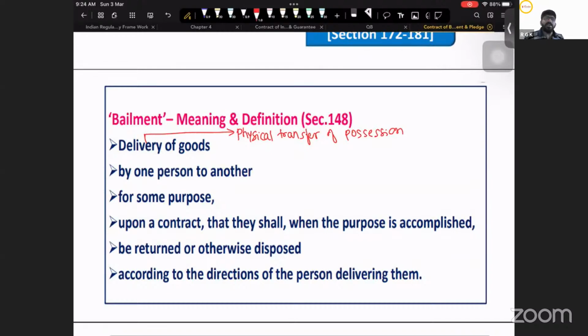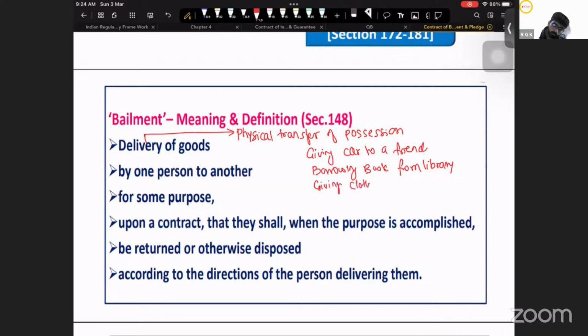So we can give n number of examples: giving a car to a friend, borrowing a book from a library, giving clothes to a tailor, giving a car for repair.